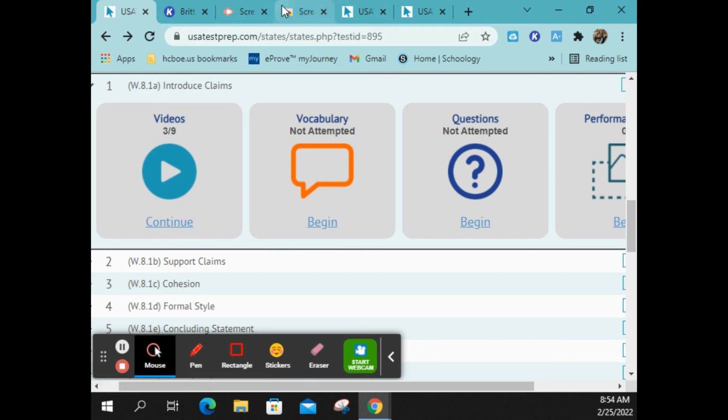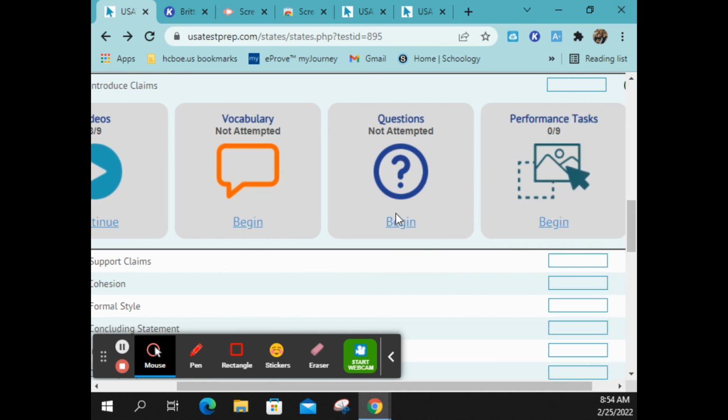We started defining the vocabulary today, and you are going to have a test on those words on Tuesday. Then, once you finish the vocabulary, you're going to proceed to the next step, which is practice questions. When you finish practice questions, then you'll proceed to the next step, which is performance task.